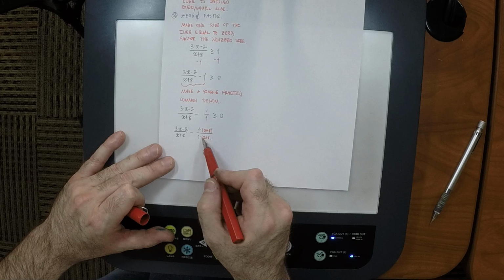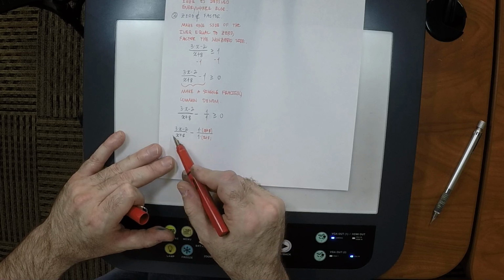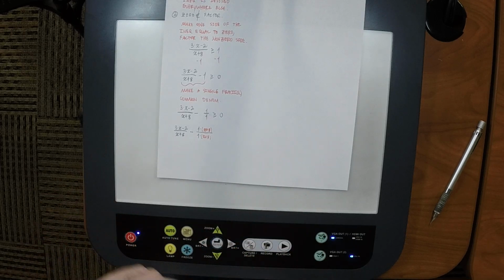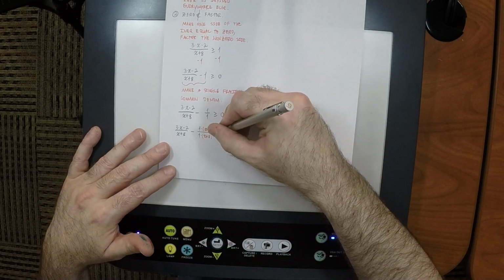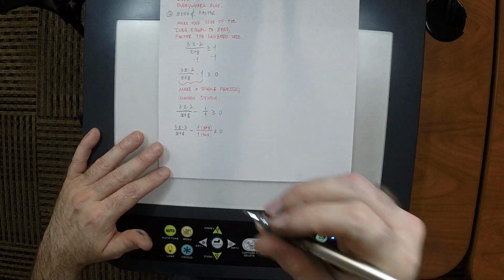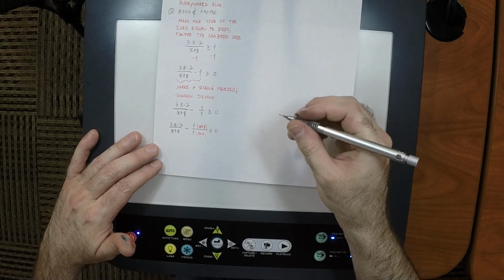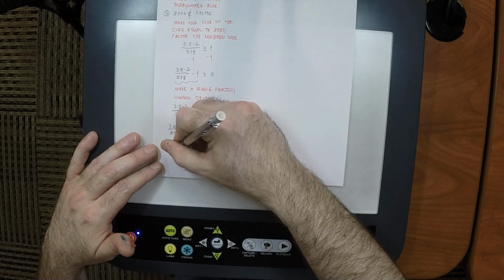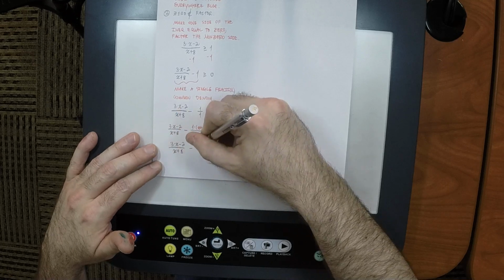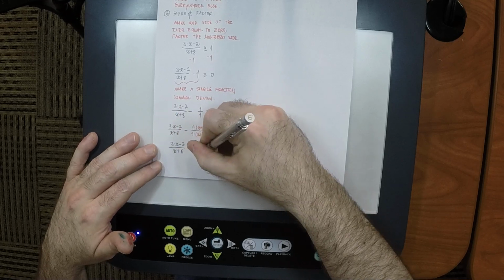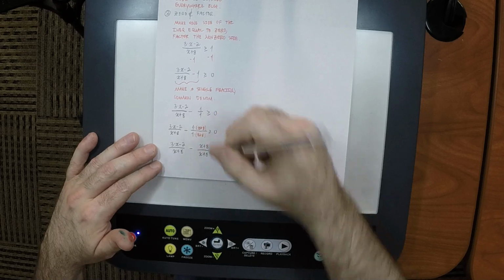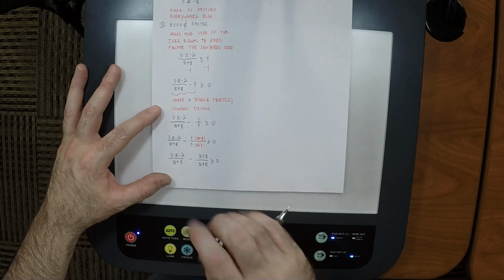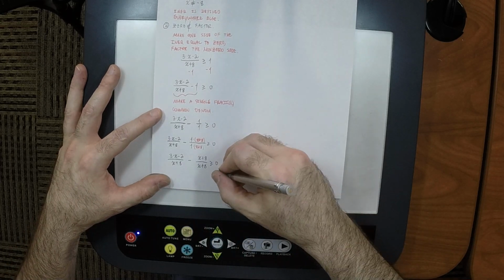And then, this has a 1, and this implicitly also has a factor of 1 in it. So I can just leave that. So that it looks like this. So 3x minus 2 over x plus 8, and then subtract x plus 8 over x plus 8. So now the denominators are the same, and so now that they're the same, we can just subtract the numerators.